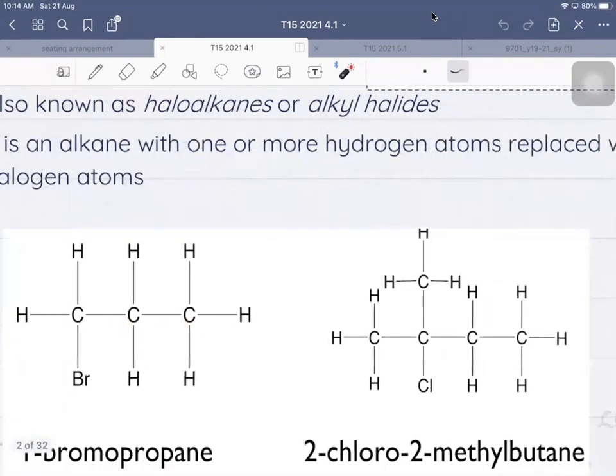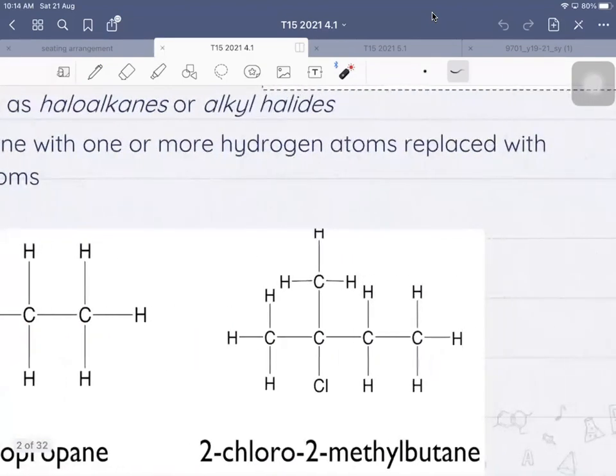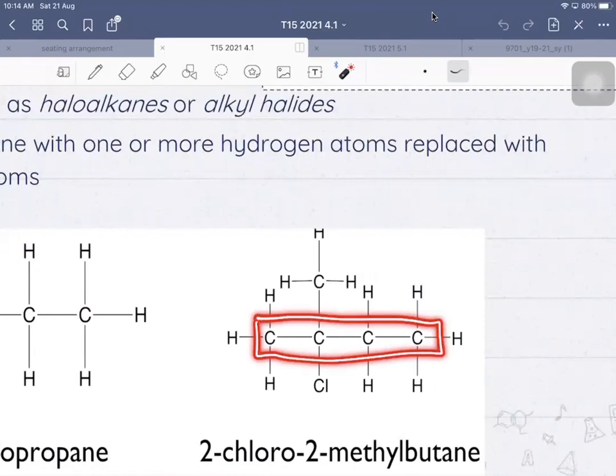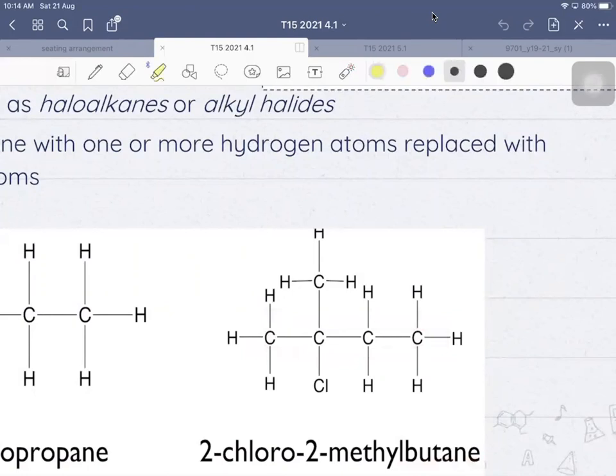Okay, for the compound on the right, again, we look at the longest principal chain. That's 4 carbons, so the principal chain is named butane. Anything hanging off the principal chain, you have to give the number of the side chain. If I highlight the principal chain, again, this is nothing new for you.